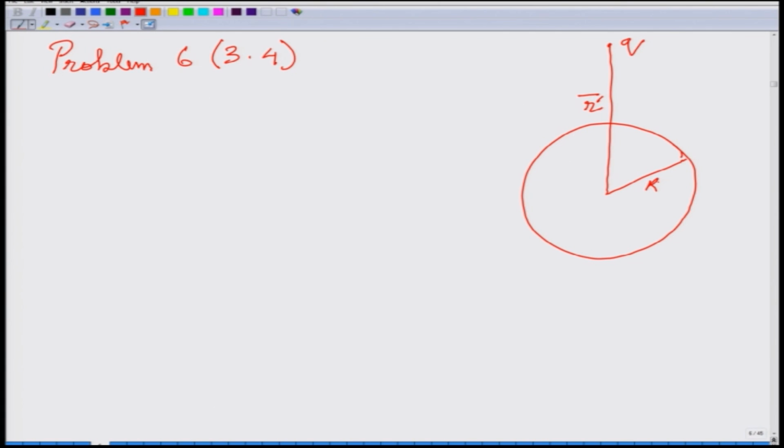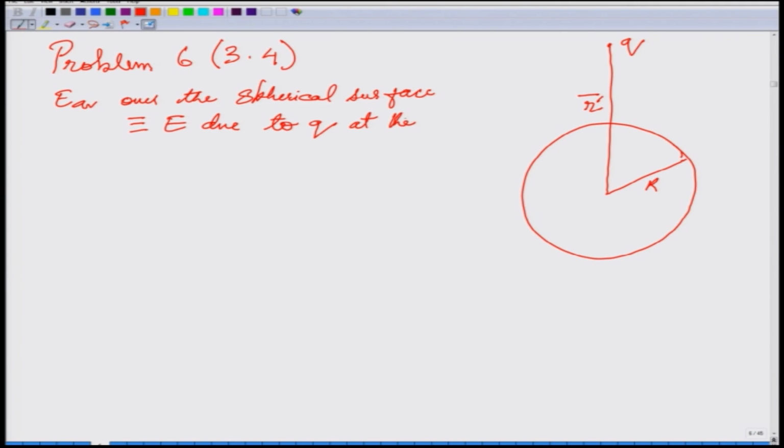What you need to find is the average of the electric field over the spherical surface, and you also need to show that this is exactly the electric field due to the charge Q at the center of the sphere.